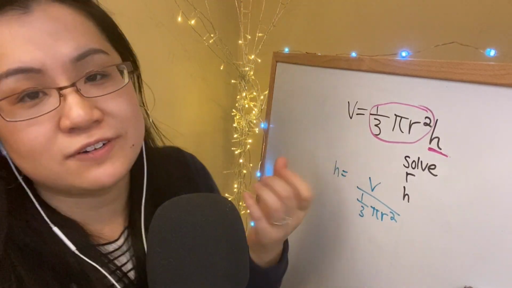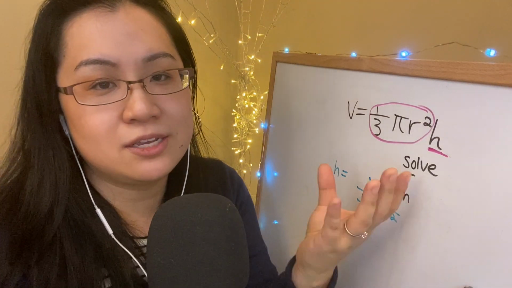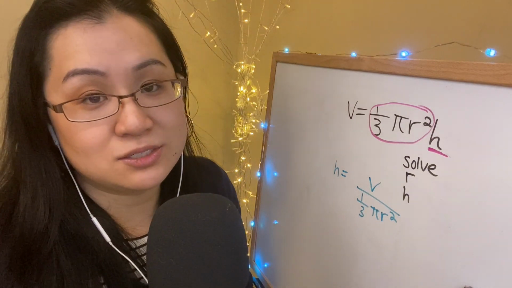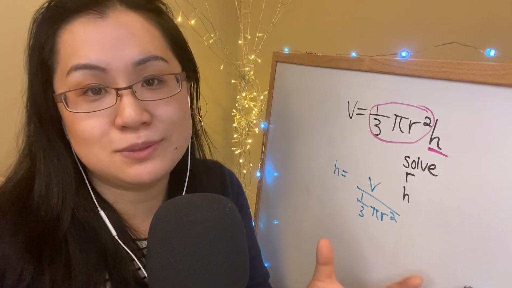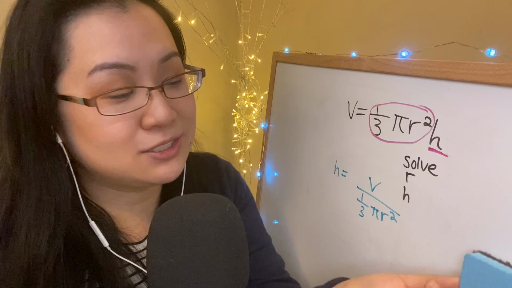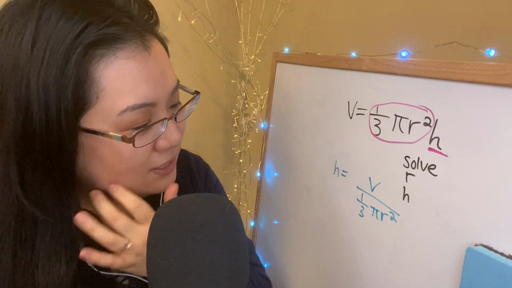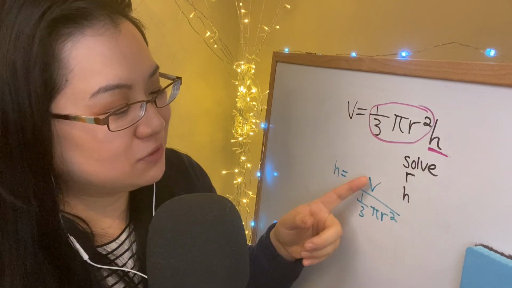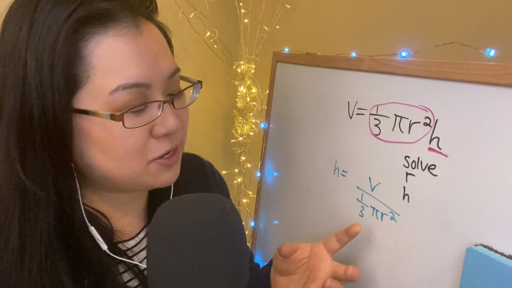Left and right doesn't matter for an equal sign, because if a equals b and b equals a, again, seems like a simple statement, but it actually is a particular property of the equal sign, which is not always the case. But again, my love for the equal sign. But here we have h equals v over 1/3 pi r squared.